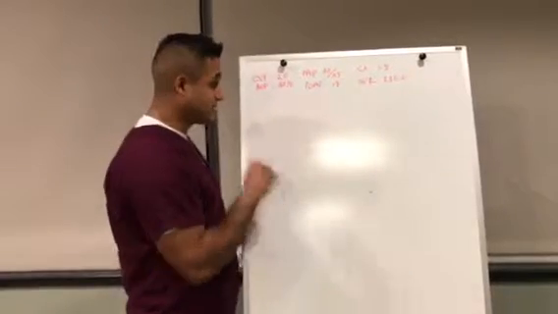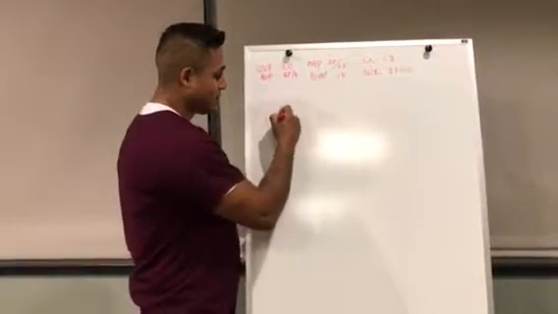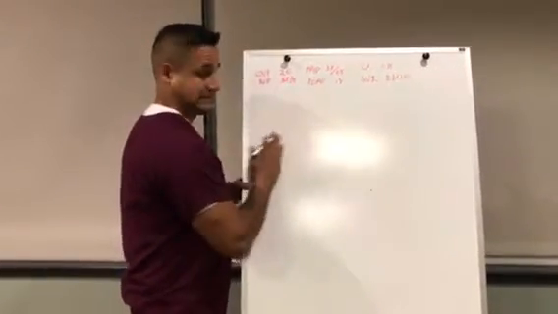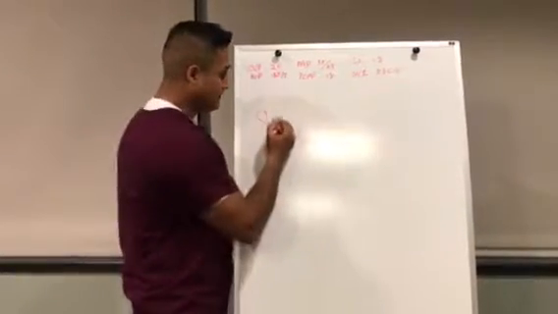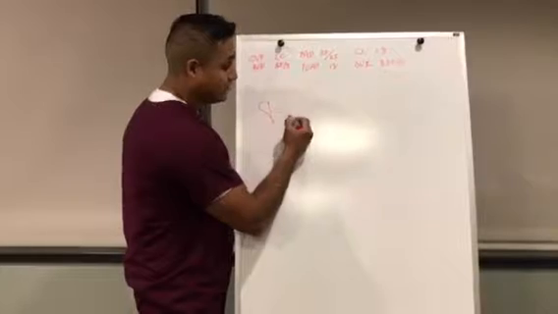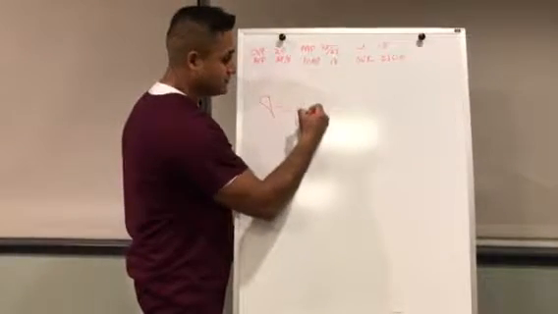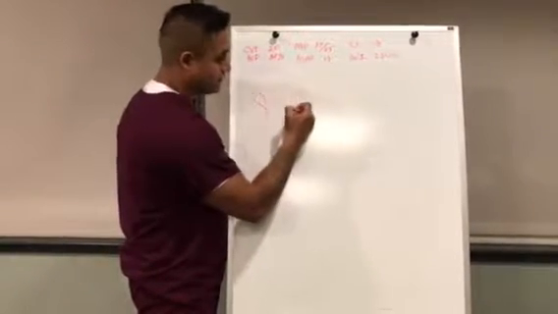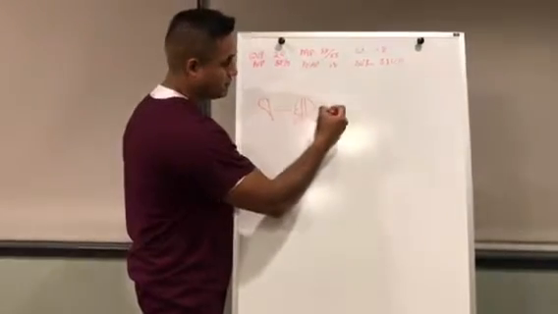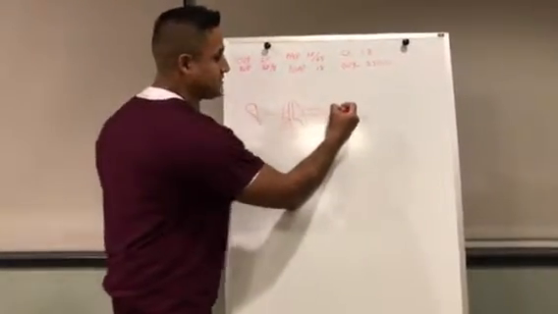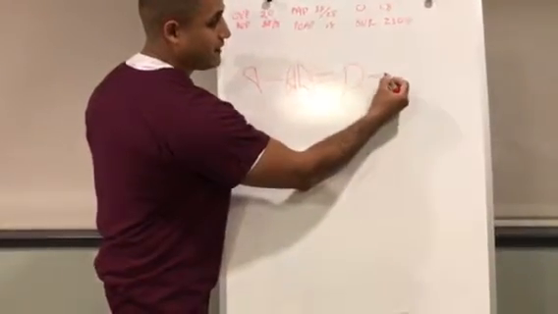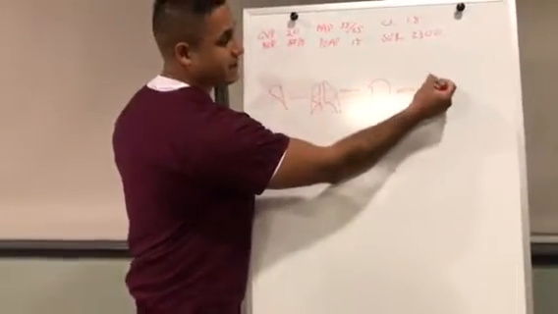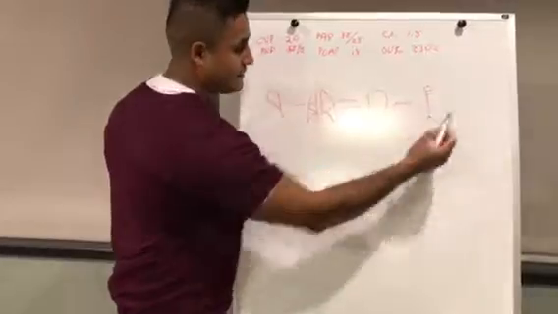So, the heart has 2 sides. This will be the right side of the heart, and it has tubes that connect to the lungs, and it has tubes that connect to the left side of the heart, and at the same time they have tubes that connect to the system.